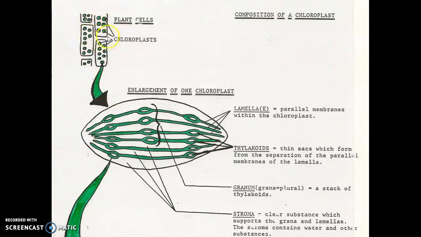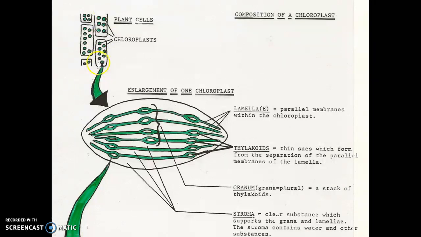In this image, I'm showing you a plant cell, and all the little green circles you see are chloroplasts. Within those chloroplasts, the green is the chlorophyll. There are thousands, if not millions, of chloroplasts in a plant cell.